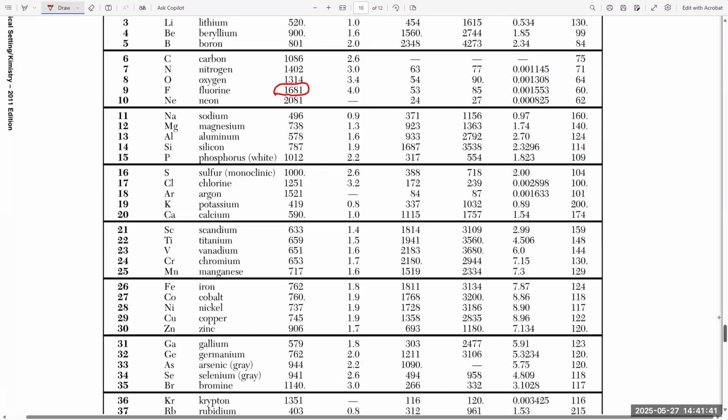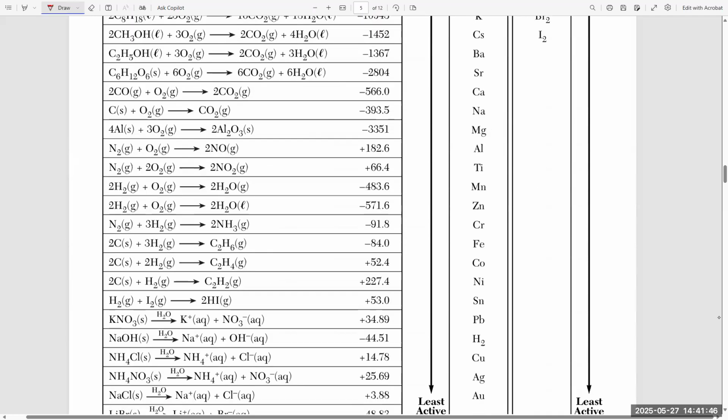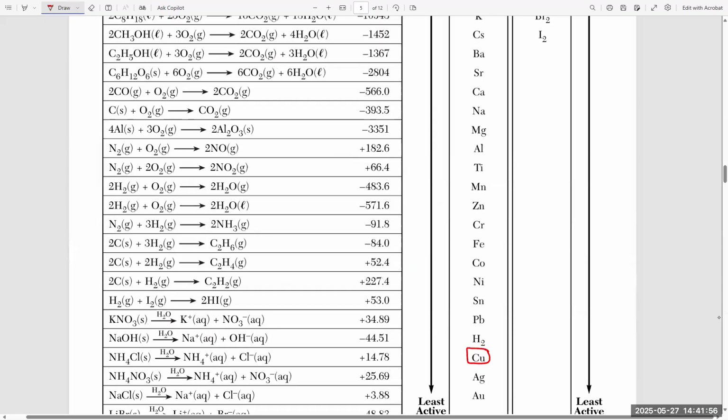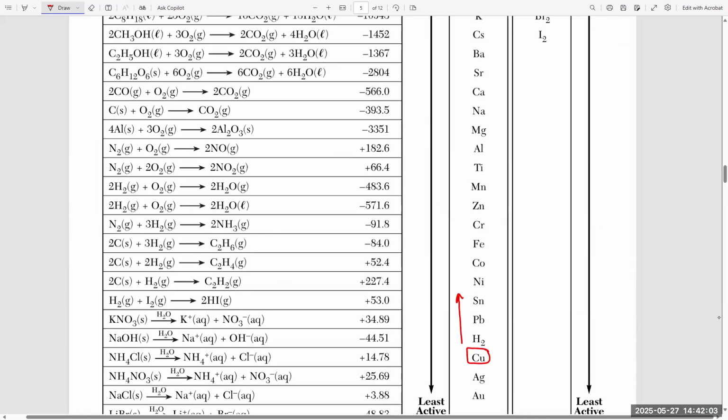Let's go to table J. Look for copper. Copper's right here, right? So identify one metal from table J that is more easily oxidized than copper, which is anybody above copper, and less easily oxidized than iron. Let's look for iron. Iron is here, like that. So the answer is any one of these, right? So you only need to write one, right? Except be careful, right?